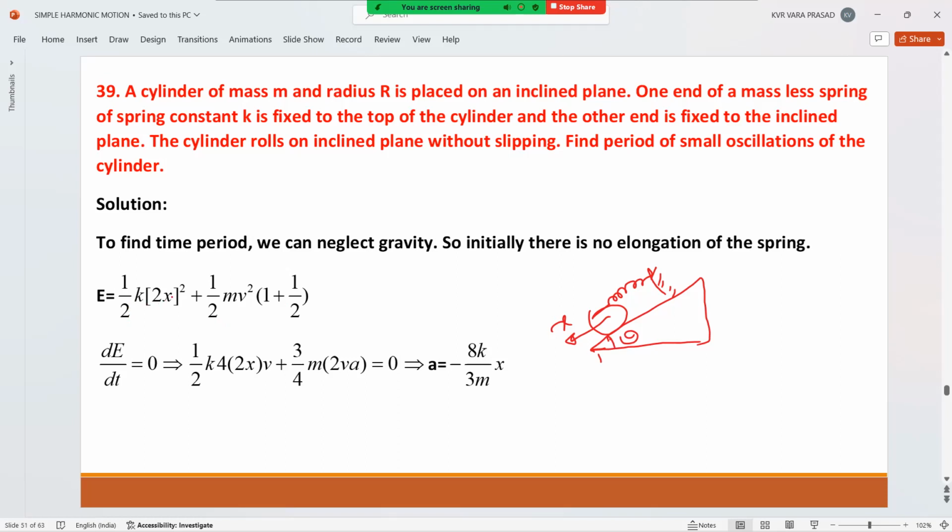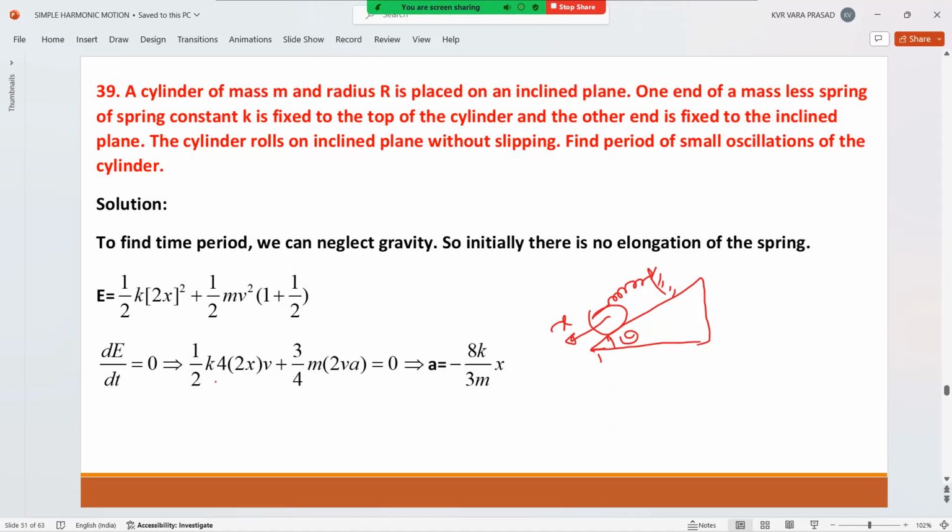So I have taken 2x whole square plus kinetic energy for cylinder half mv square into 1 plus 1 by 2. So first one for translation, second one for rotation. Now this total energy must be constant. Remember, we are taking here no gravity. That's why there is no gravitational potential energy, right?